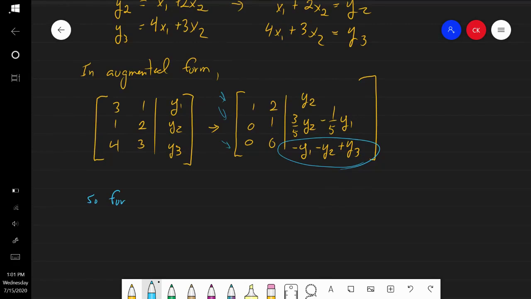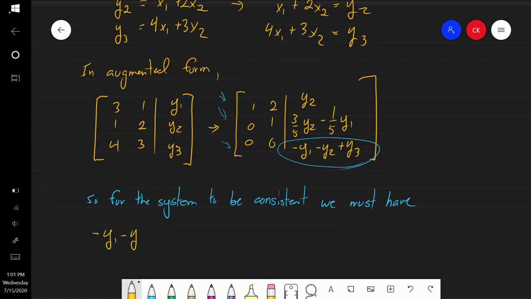So for the system to be consistent, we must have minus y1 minus y2 plus y3 be equal to 0. And that now becomes our condition. And if we want to multiply that through by a -1, that just makes it look a little bit better. Plus y2 minus y3 equals 0.